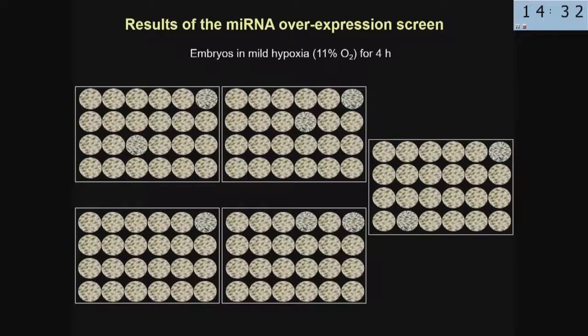We overexpressed all these microRNAs at very mild hypoxic conditions to help the system to be induced, and we let the flies egg lay in these sort of devices. We utilized negative controls and a positive control that was the RNAi against the prolyl hydroxylase that we call fatiga in the flies.